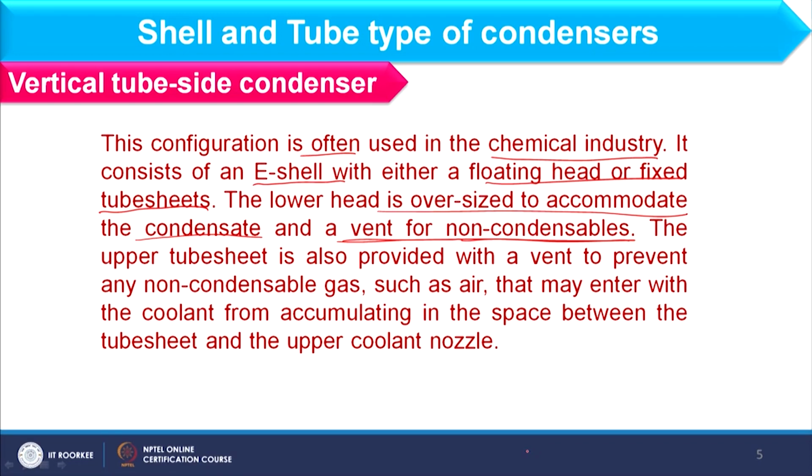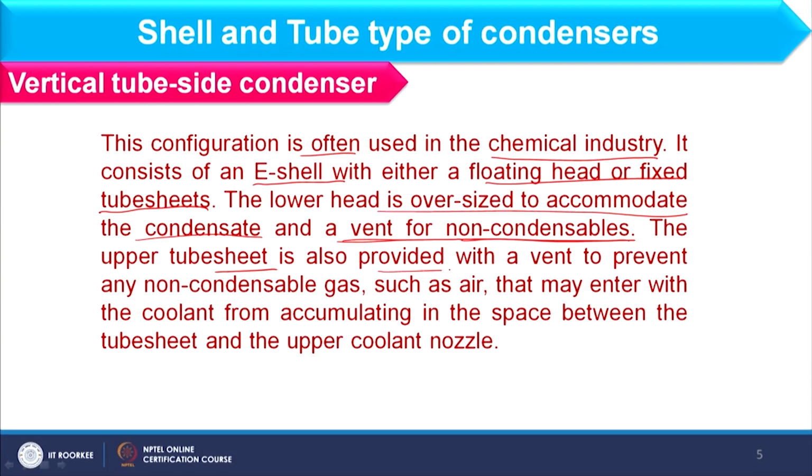Okay. So, if you see, when I am considering vertical tube side condensation, the condensate is collected from the bottom, and at the same place we have to install vent nozzle. So, the bottom section of this condenser is slightly oversized in comparison to the above section. And that will be more clear when you will see the schematic in the next slide.